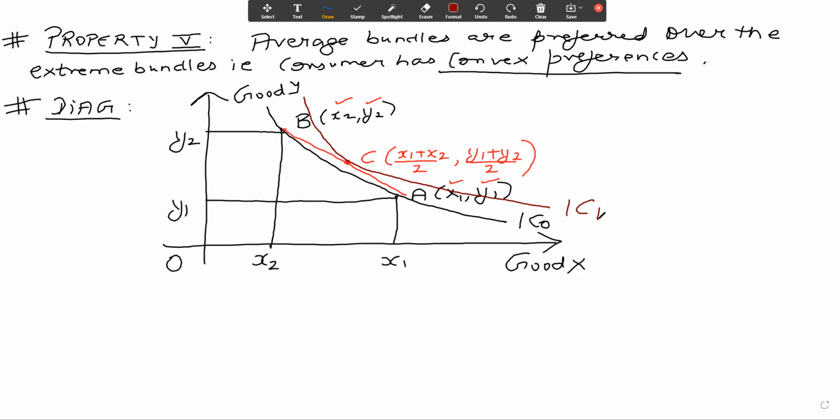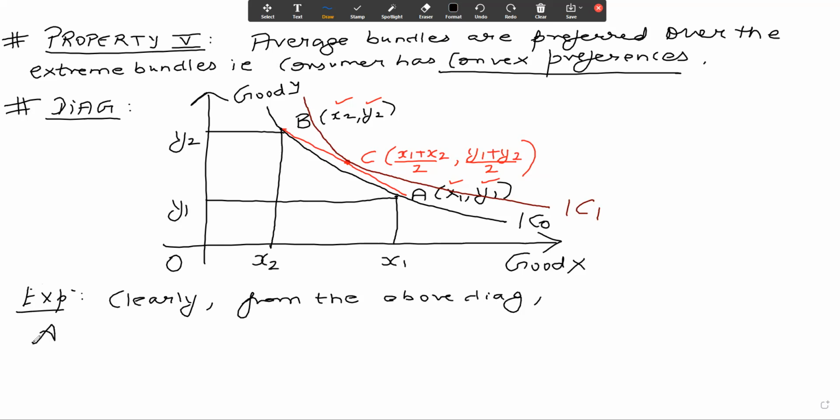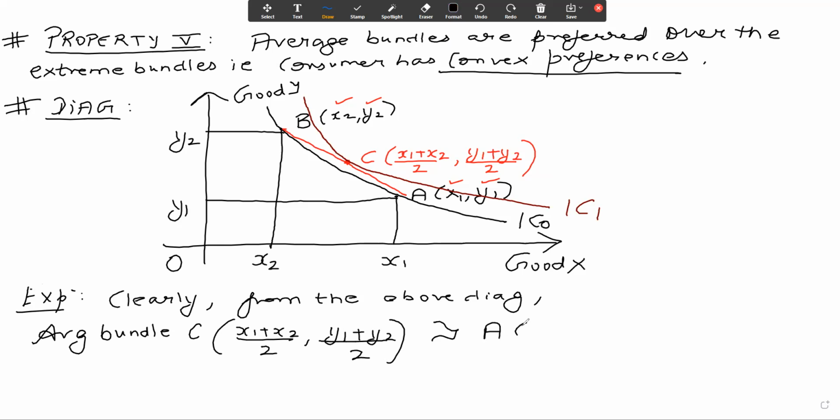So you can clearly see that the average bundle is preferred by the consumer over the extreme bundles A and B. So if we write the explanation clearly from the above diagram, the average bundle C, which corresponds to x1 plus x2 by 2, comma y1 plus y2 by 2, is strictly preferred over bundle A, which corresponds to x1 comma y1, and it is strictly preferred over bundle B also, which corresponds to the bundle x2 comma y2.